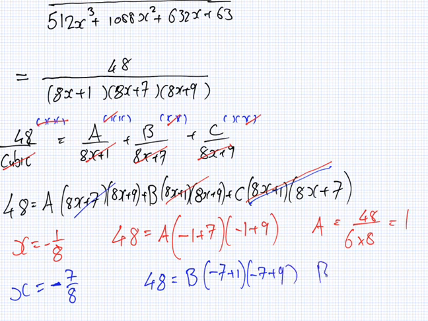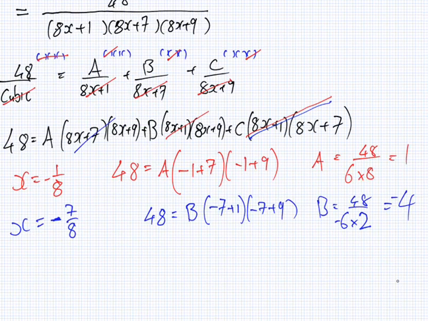So then b would equal 48 over 6 times 2. Is that right? So is that 4? Did I lose a minus? Is this minus 6? Oh yeah, of course, minus 6 and 2. So minus 4.